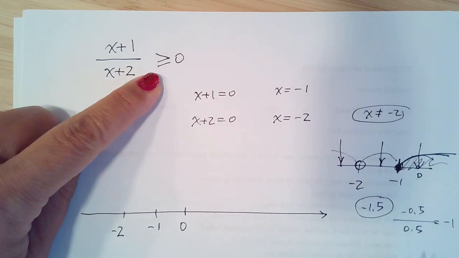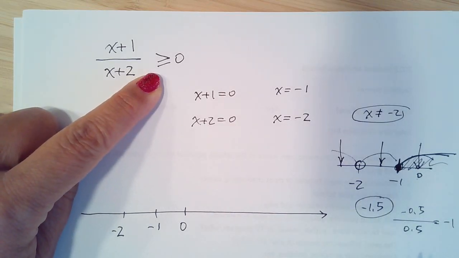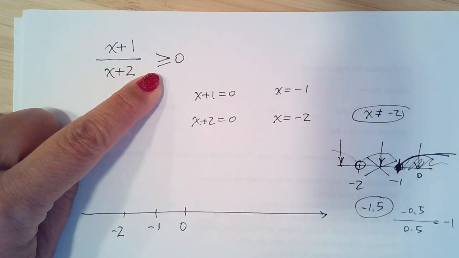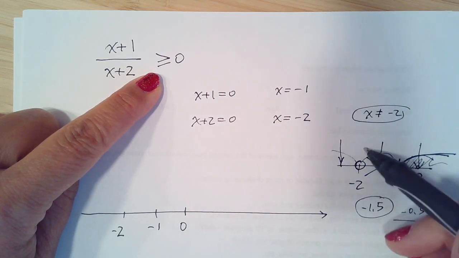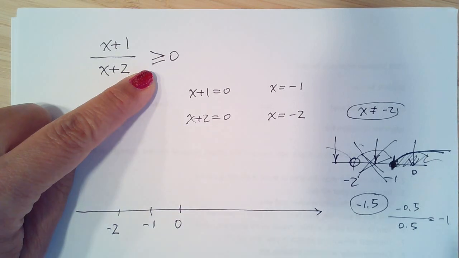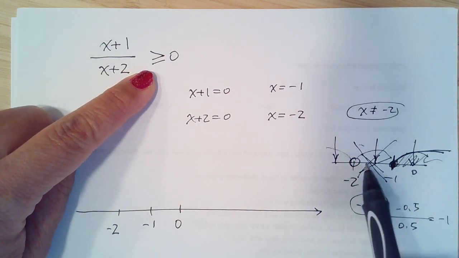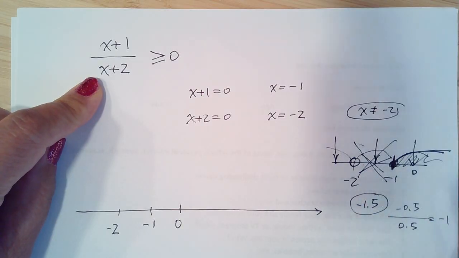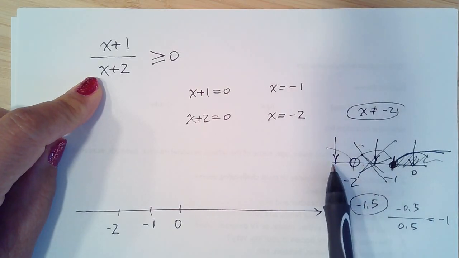And that's not greater than or equal to 0. That means anything in this interval is no good. So I just simply cross that out. As long as there's one test value that makes this inequality correct, then the whole interval will be good.